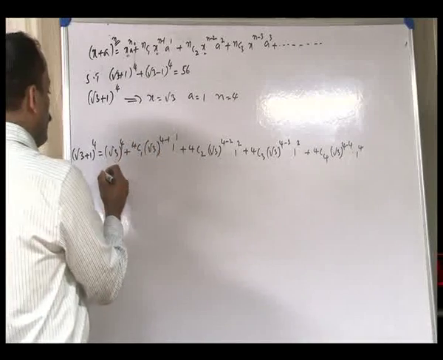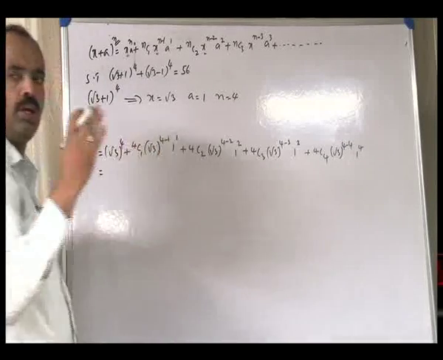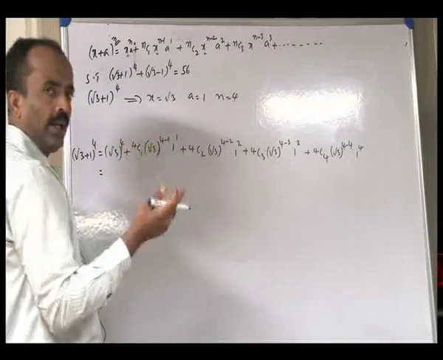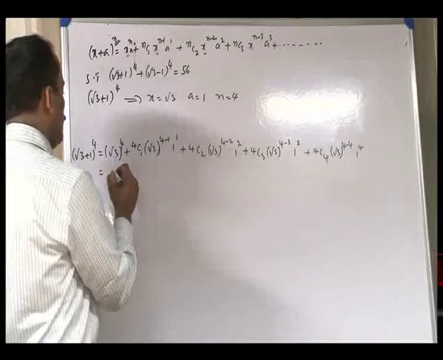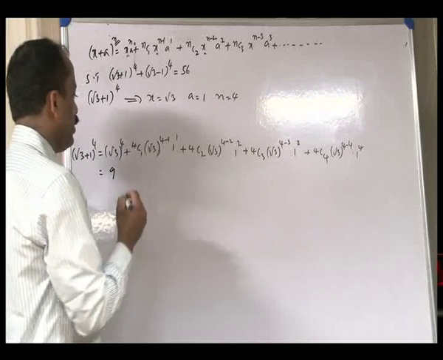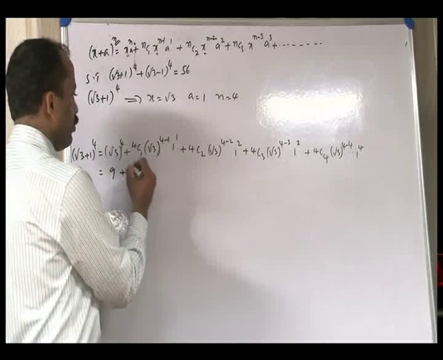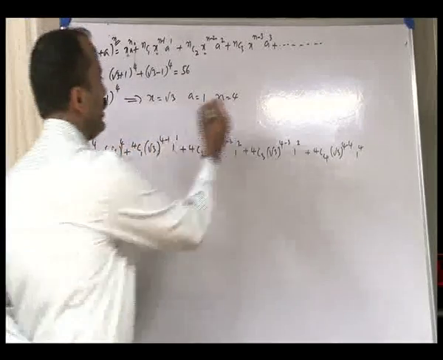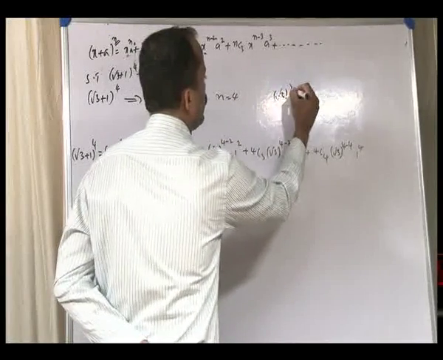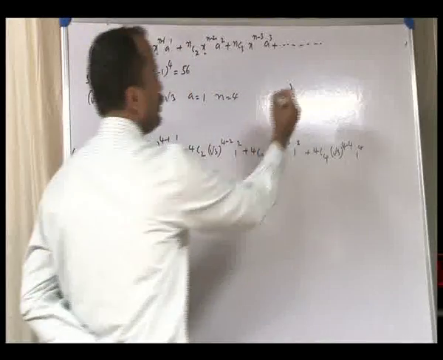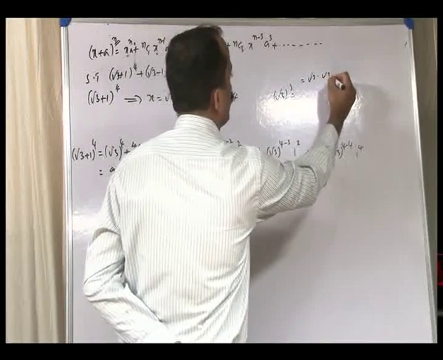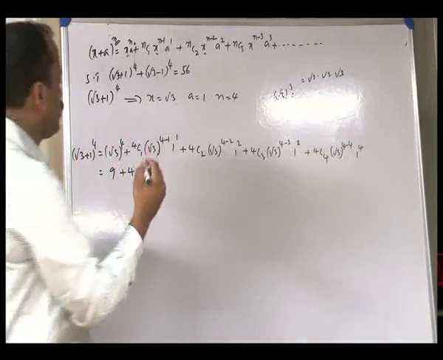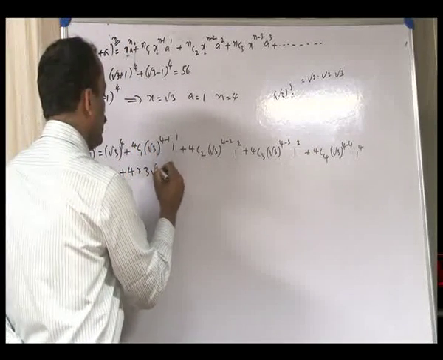Let us simplify. (√3)^4 is √3 into √3 into √3 into √3, that becomes √3 into √3 is 3, and 3 into 3 is 9. Plus 4C1 is 4, (√3)^3 is √3 into √3 into √3. So √3 into √3 is 3, 3 into √3 is 3√3, into 1.